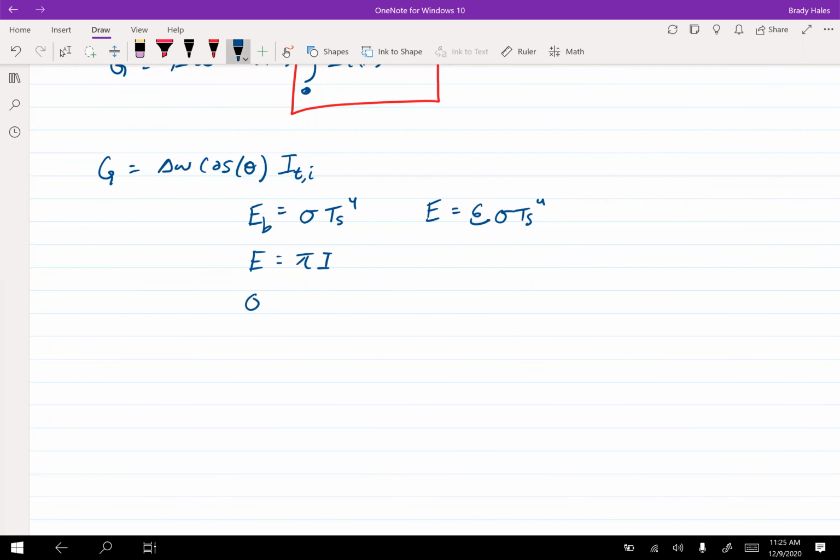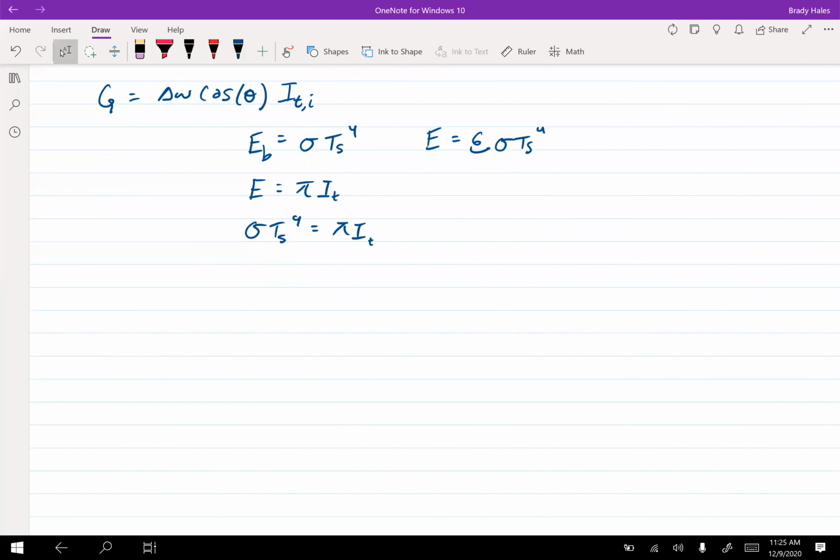So we say sigma Ts to the fourth is equal to pi I. This would be total intensity. So the total intensity of the sun is equal to sigma Ts to the fourth over pi. Okay, so now we plug that in. G is equal to delta omega cosine theta sigma Ts to the fourth over pi.